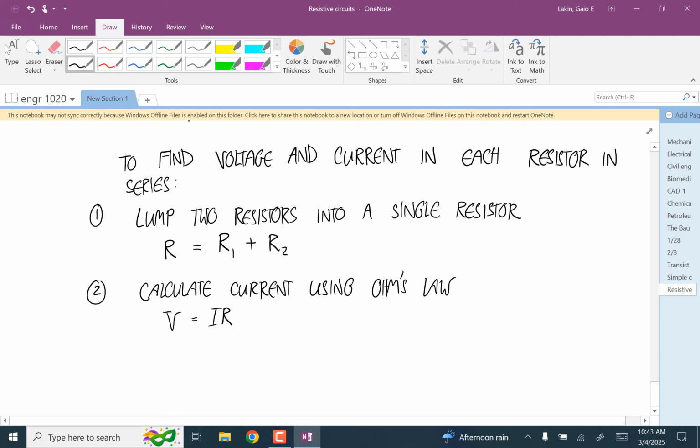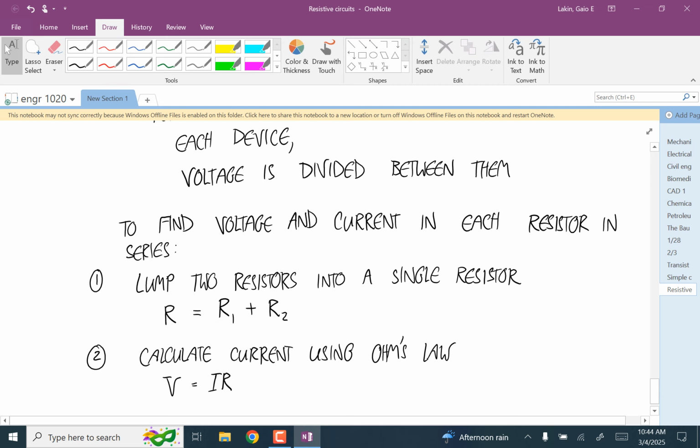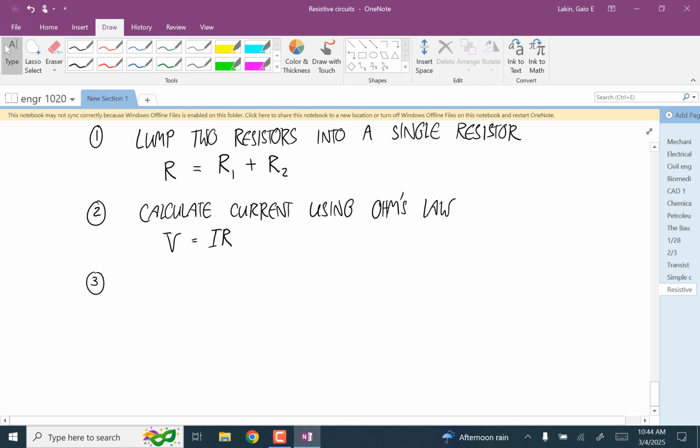And then once we have the current, I said that for these resistors in series, the current through both of them is the same.